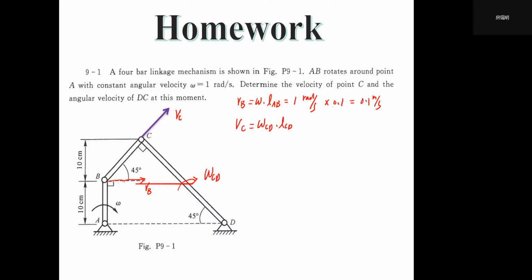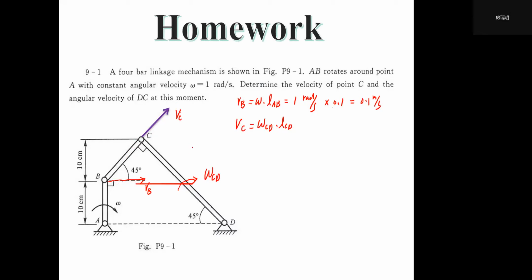And through this linkage bar BC, we know it has a plane motion, and B and C are two points on this rigid body which has plane motion. We can use the theorem of projection method. Do you still remember?